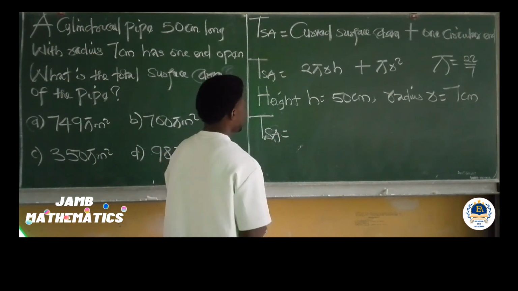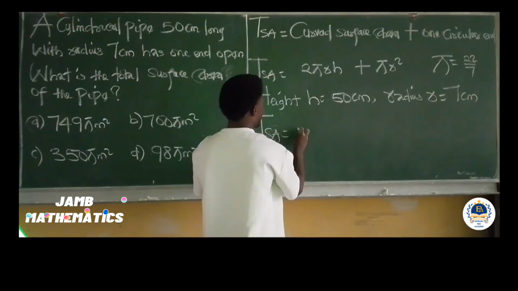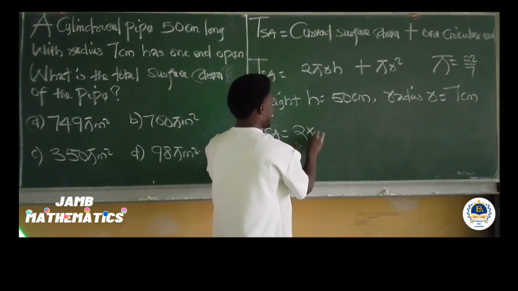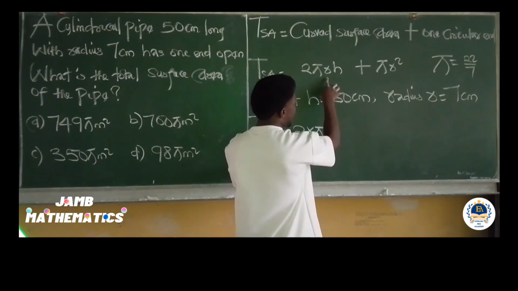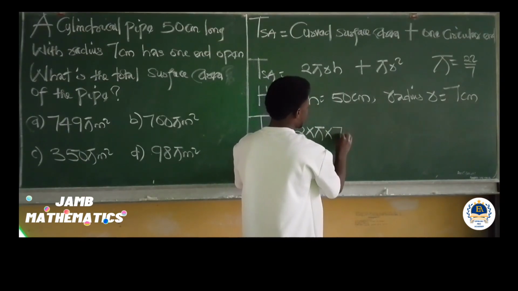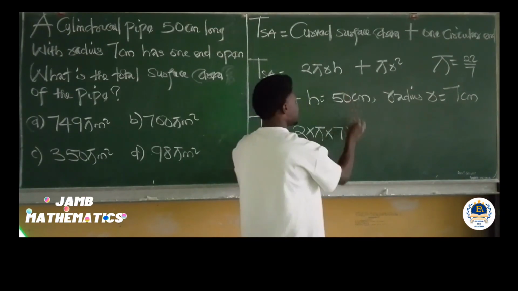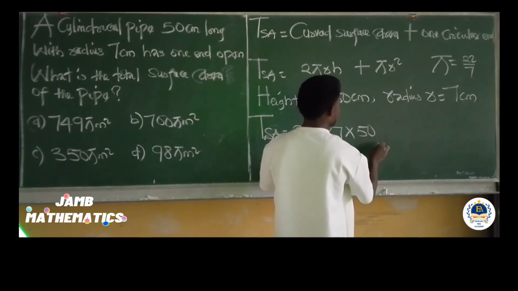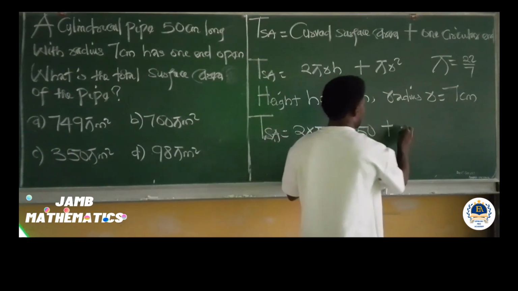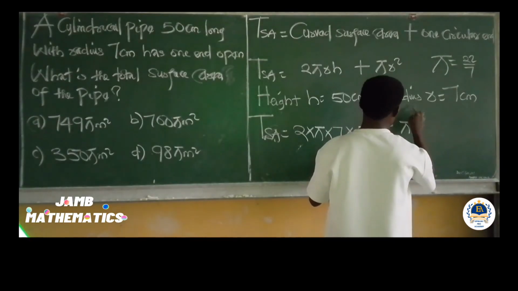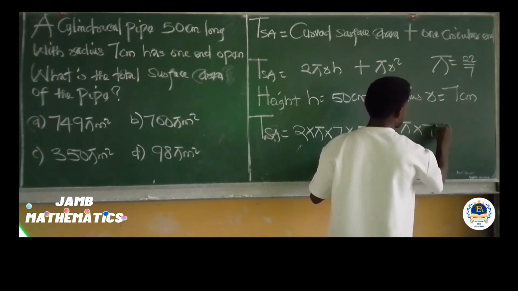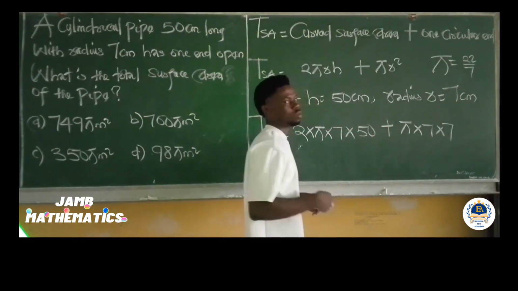Total surface area is equal to 2 times pi times r. R is 7 times height is 50 plus pi times r is 7 times 7, which is 7 squared.